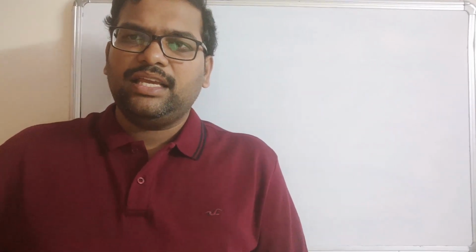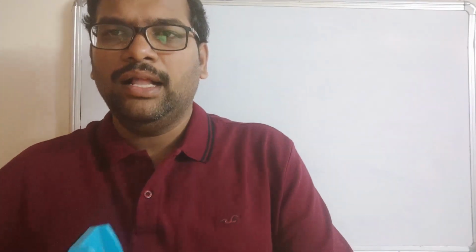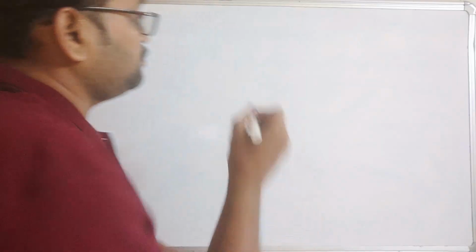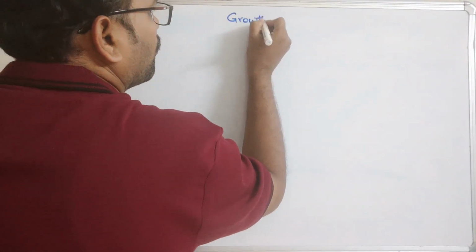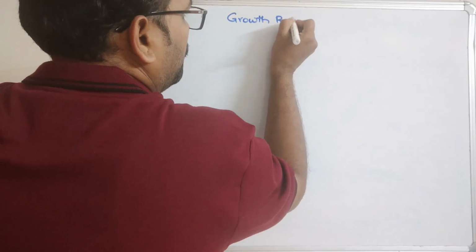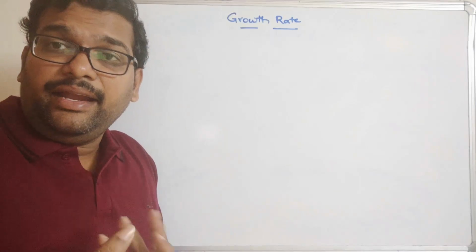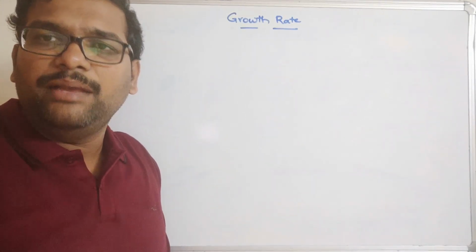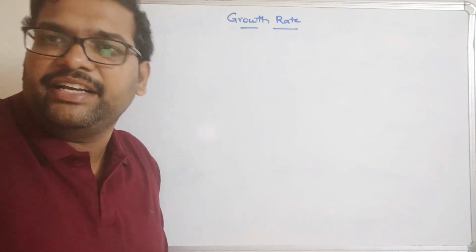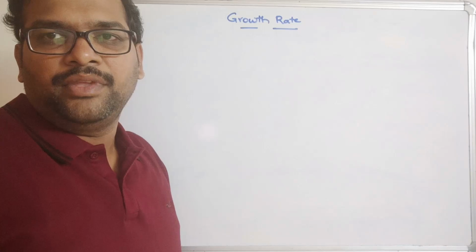So today we will see what is the growth rate and the order of growth rates from smallest to the largest. Growth rate is a rate at which the time complexity of the algorithm changes or increases based upon the increase of input size.